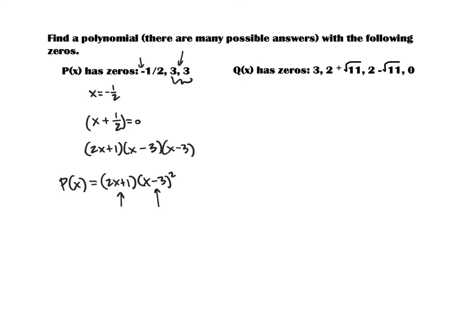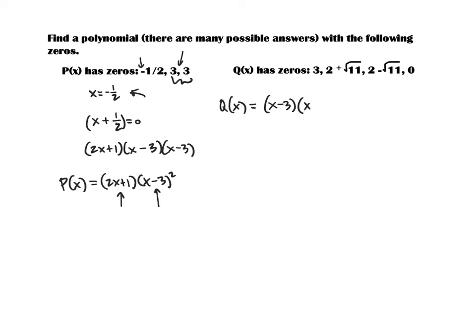Okay, so q of x, this one's slightly more difficult. I can definitely work with this. But if I were to shortcut and not go the way I did over here and write out the 0, then the root, I could write x minus 3. Now I've got 2 plus root 11 and 2 minus root 11.